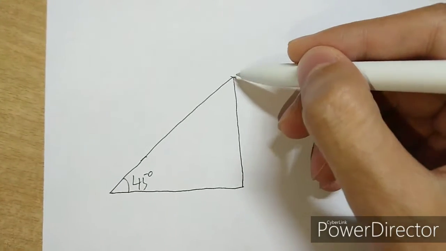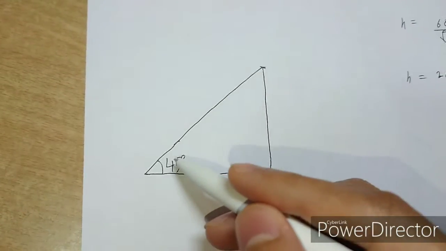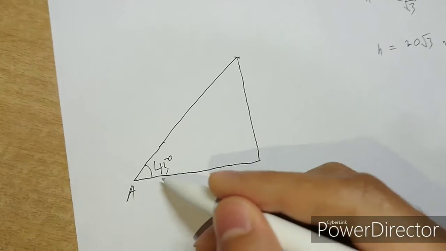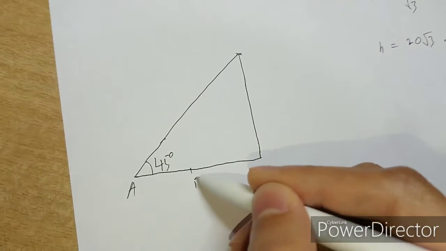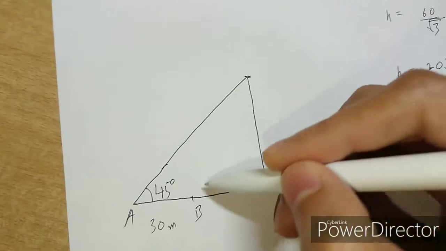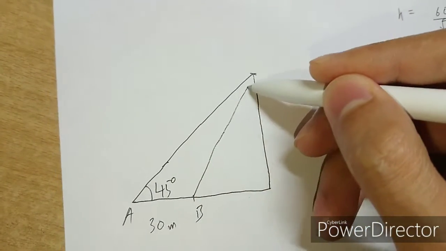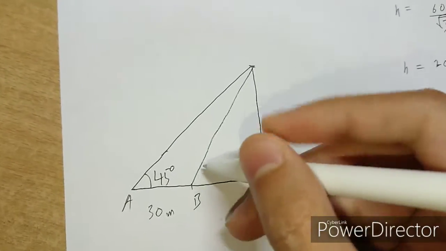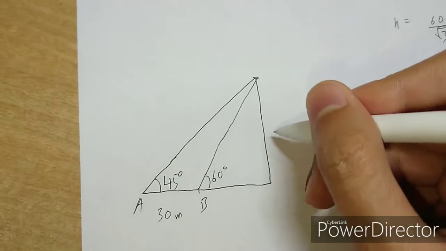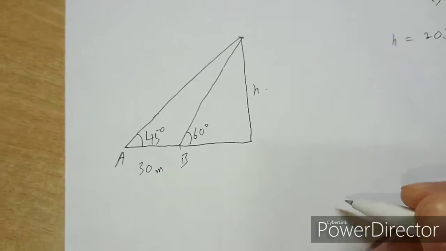This is the top of the tower, and you are watching it at an angle of 45 degrees. And when you move from point A to point B, you move 30 meters, and then the angle of elevation is about 60 degrees. Then you have to find the height h of the tower.